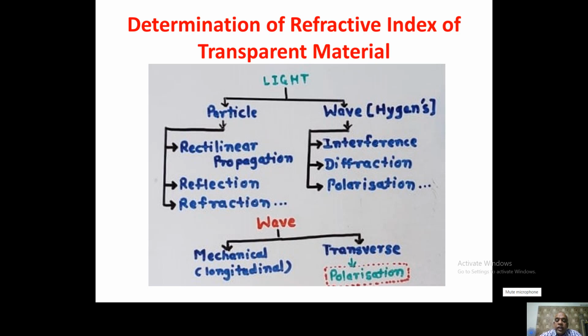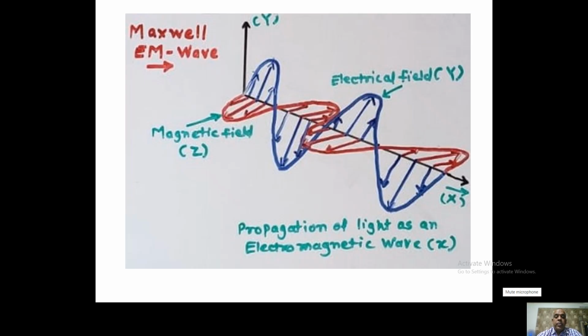One is the longitudinal type of wave, that is called mechanical waves, and the other is the transverse type of wave. With the help of the polarization of light, one can easily explain that light is transverse in nature, not mechanical in nature.